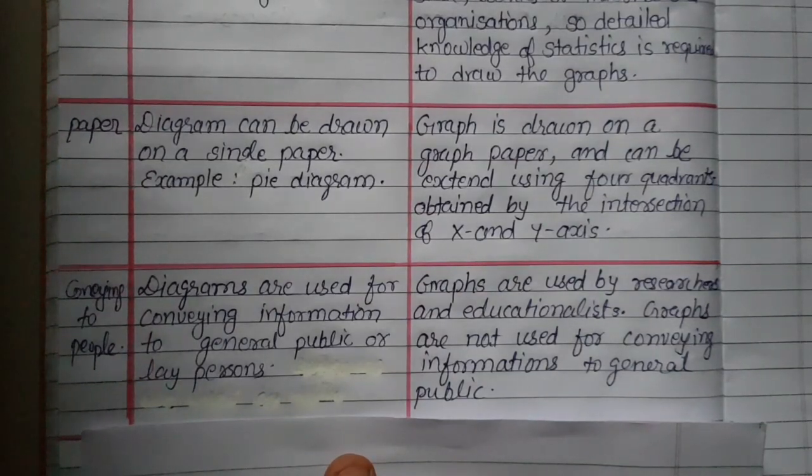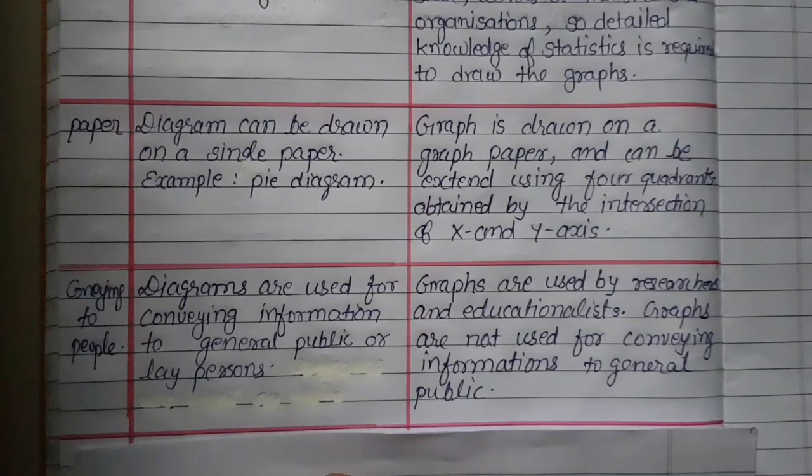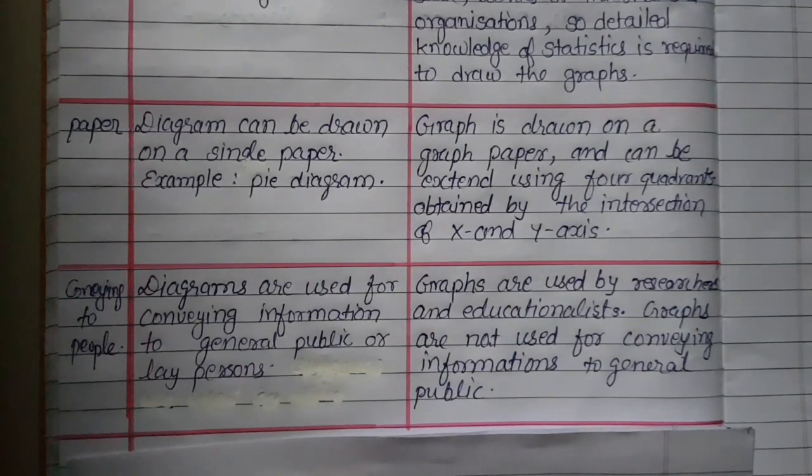So a graph cannot be used by a layperson or a common man. So graphs are not used for conveying information to the general public. So friends, these were 4 important differences between graphs and diagrams. So you have to learn this, and you have to write it in your notebook also.